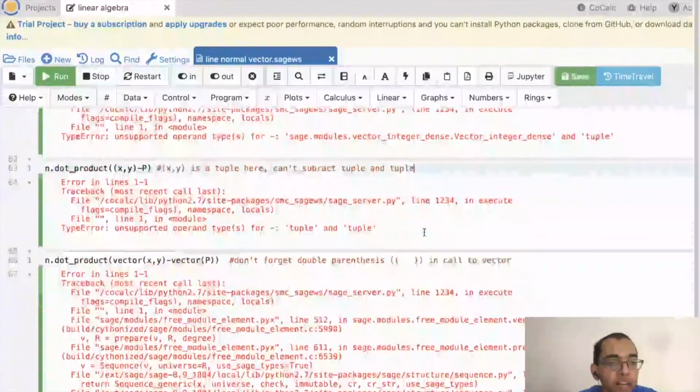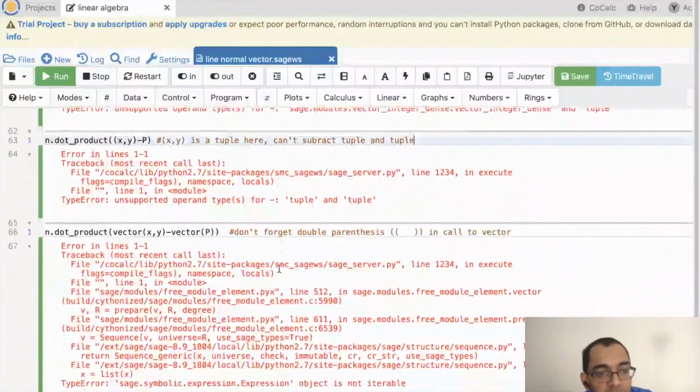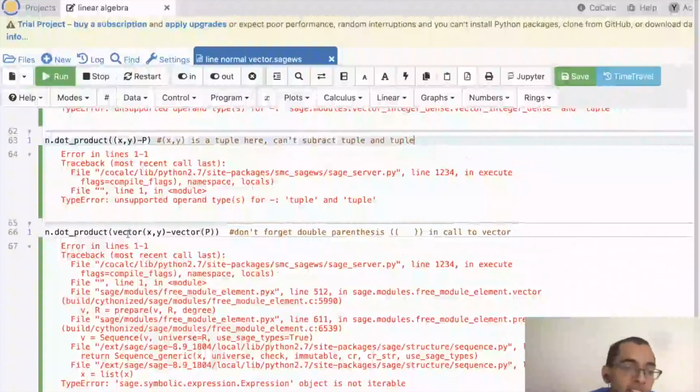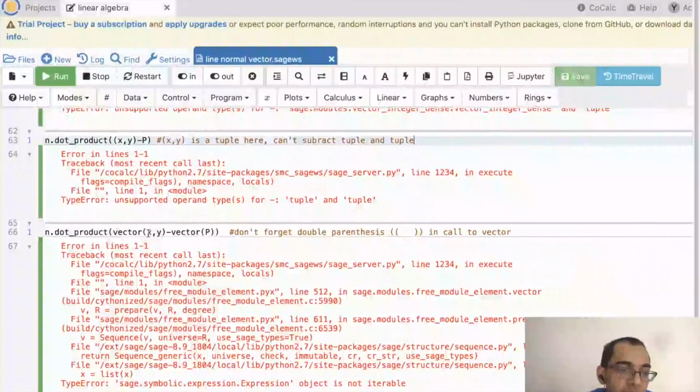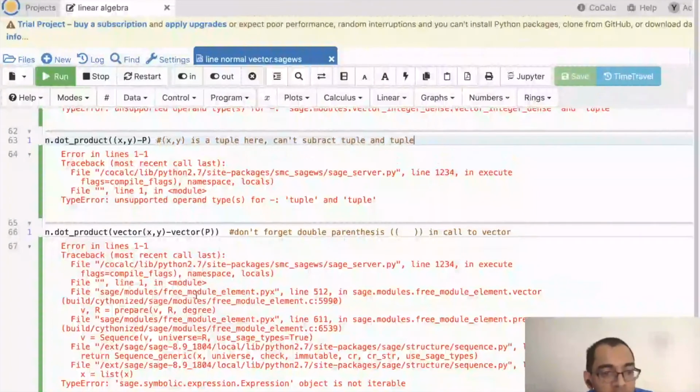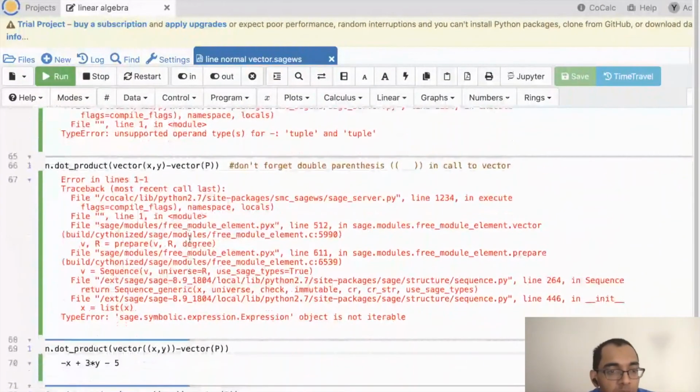What we need to do is convert them to vectors, and then we can subtract. Here's what I tried: vector of xy minus vector of p. That's closer, but I forgot to put double parentheses around this call to vector. The call for p is fine, but here I'm passing in the tuple xy, so I need to include that in its own parentheses.